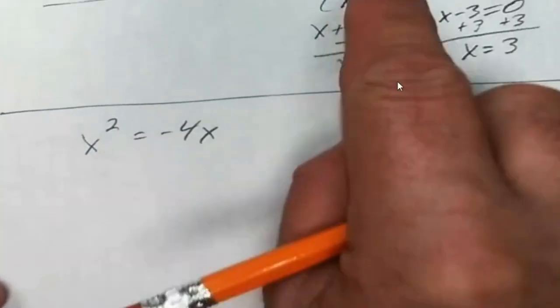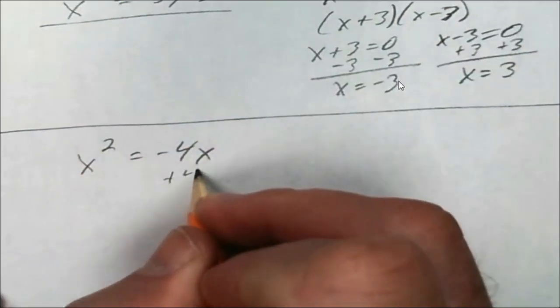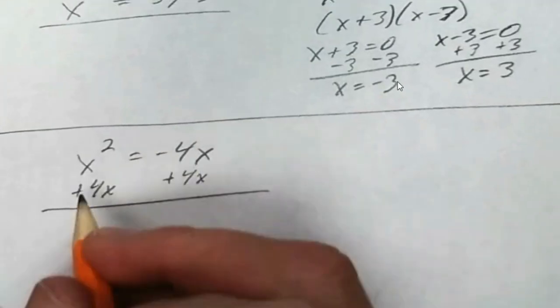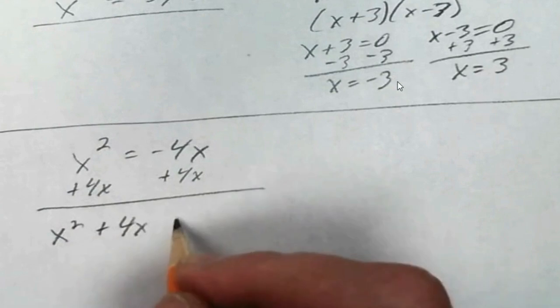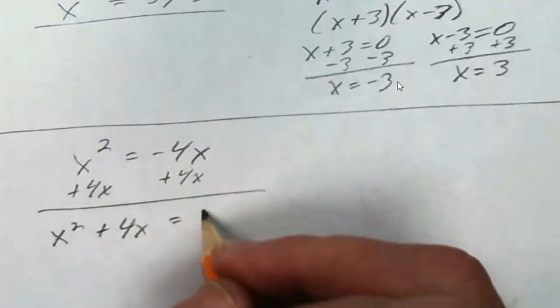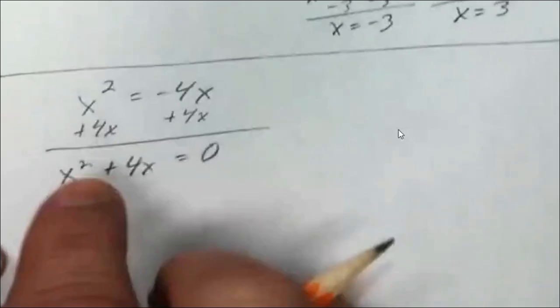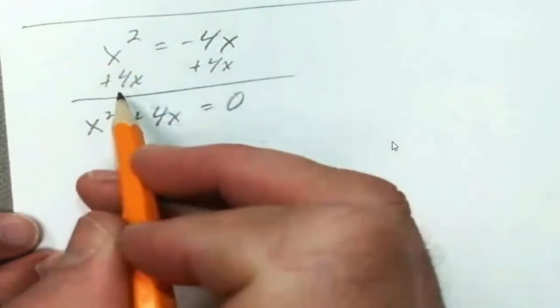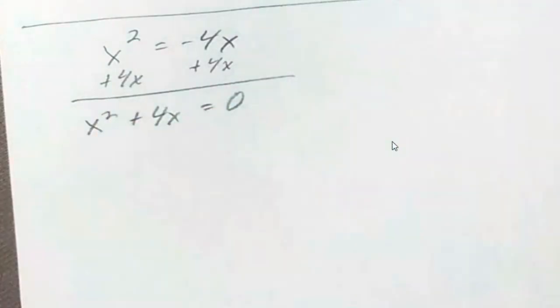So let's go with another method right now. Let's move all the x's to one side. On the left side, we've got x squared plus 4x, and this equals 0. Now notice we cannot combine these because this is an x squared term and this is just an x. They are not like terms.